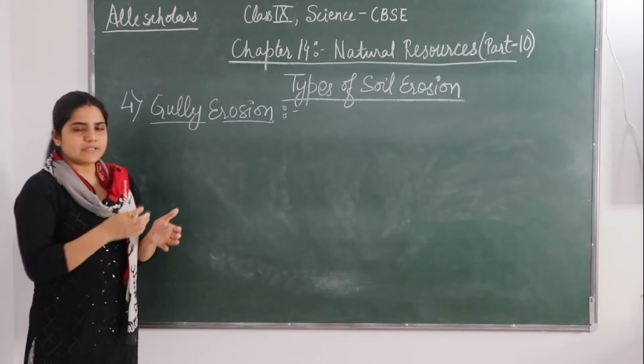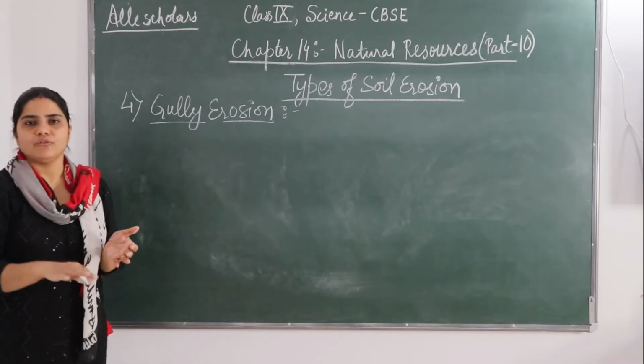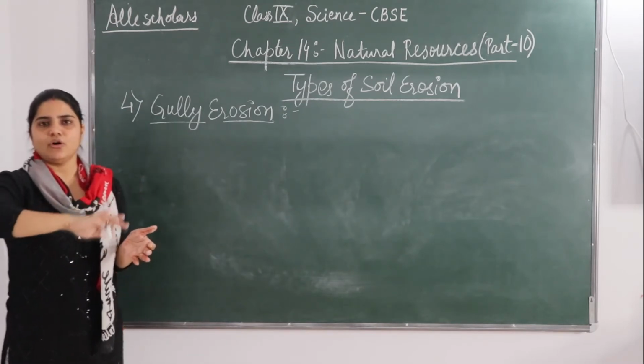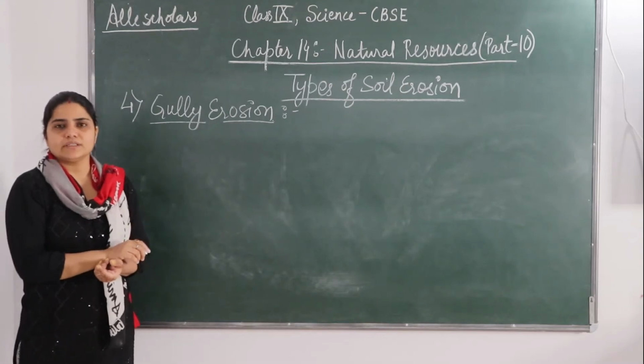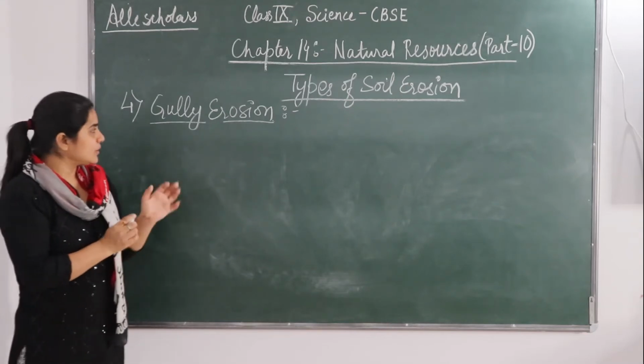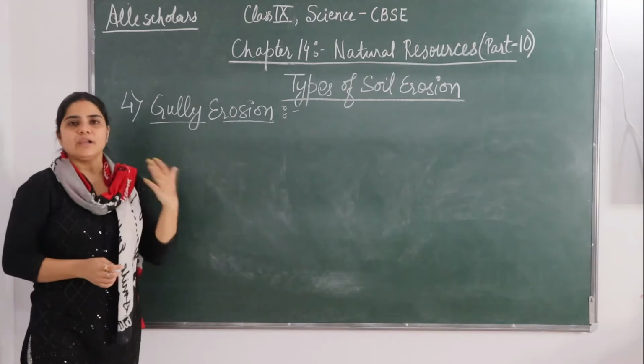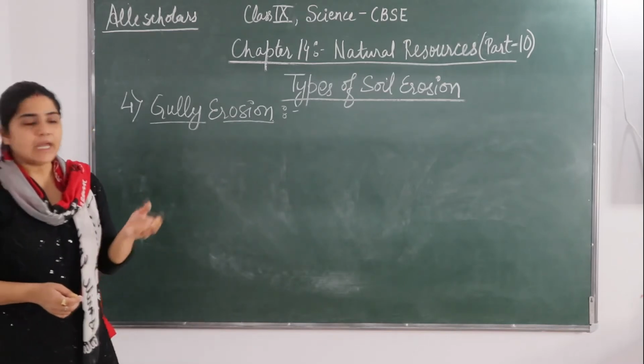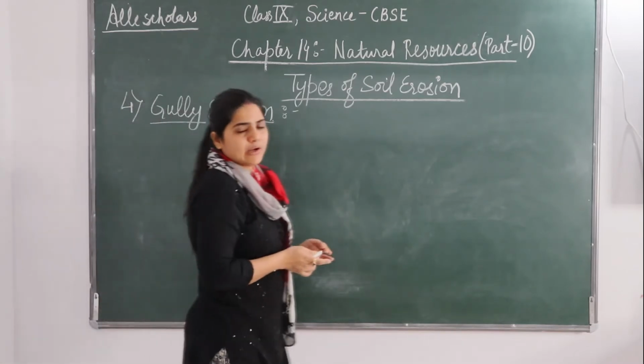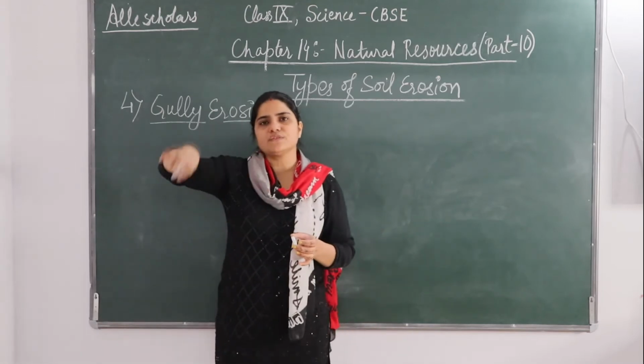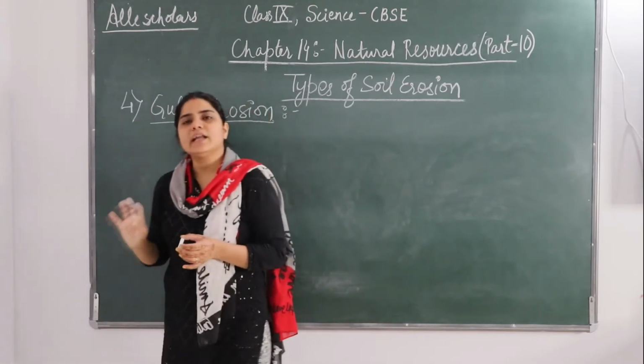The soil surface, when water runs off, is going to cause the removal of the soil with drainage lines. Gully erosion removes the soil from the drainage line.